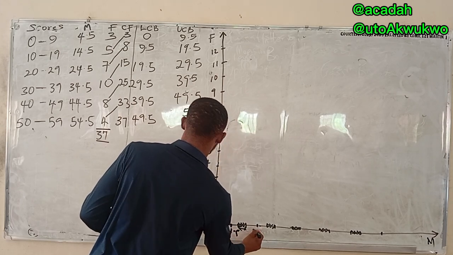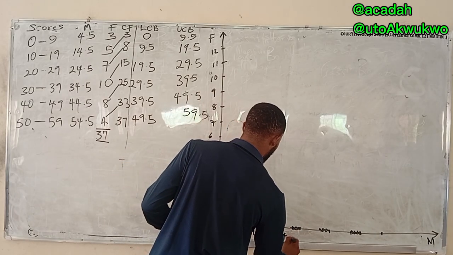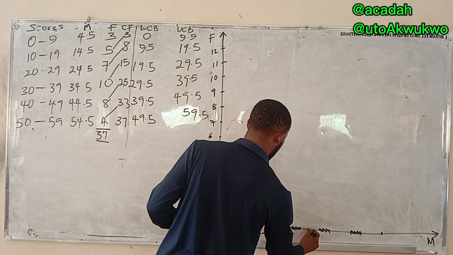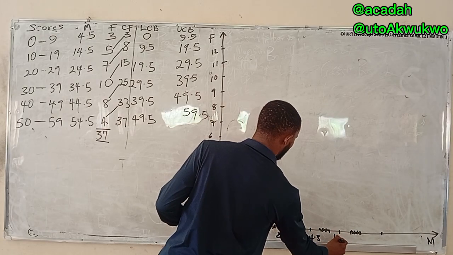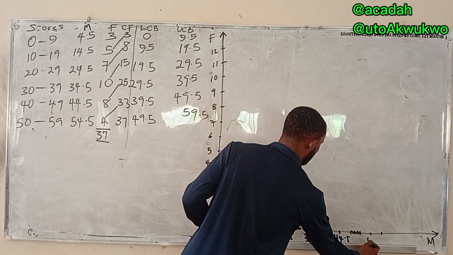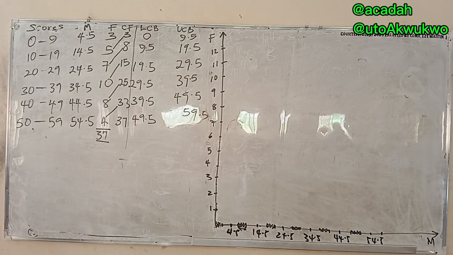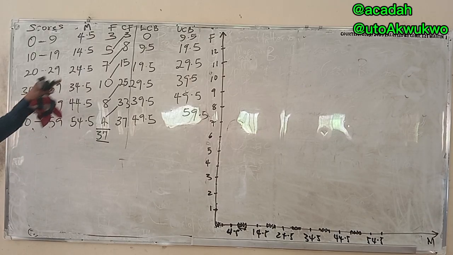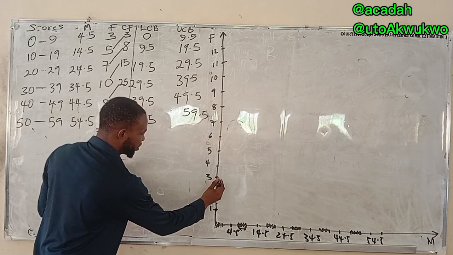The midpoint is 14.5, 24.5, 34.5, 44.5, 54.5. Now, once you are done with marking out the midpoints, you can now call the first one, the frequency there is 3. So I can call this 3.